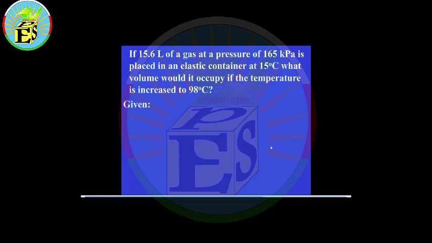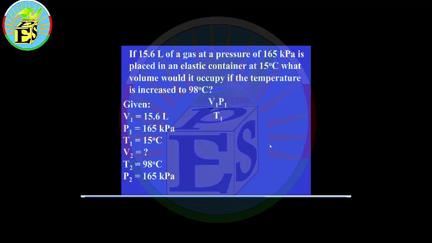At first we write the given parameters V1, P1 and T1. V2 I don't know, T2 equals 98 Celsius, P2 equals 165 kilopascal, and we write the relation and see which parameters are equal in the two cases.